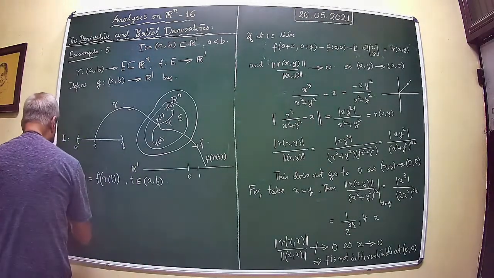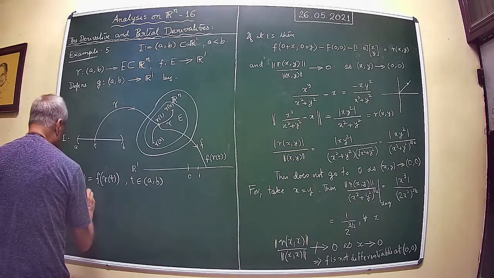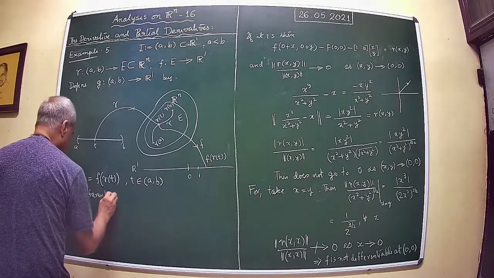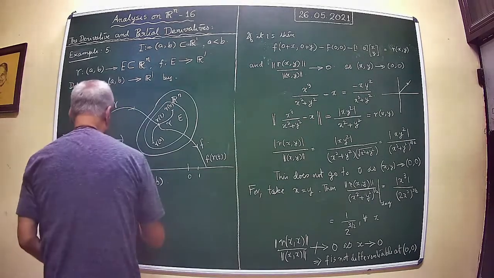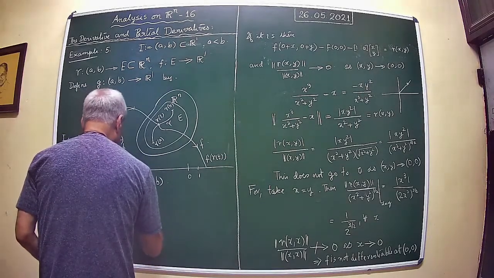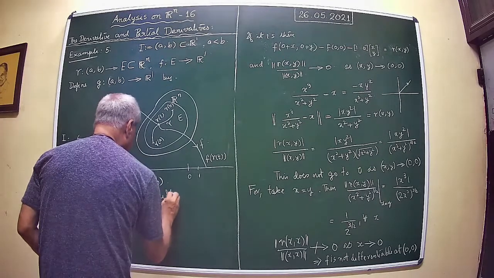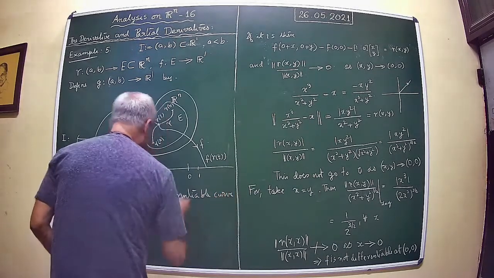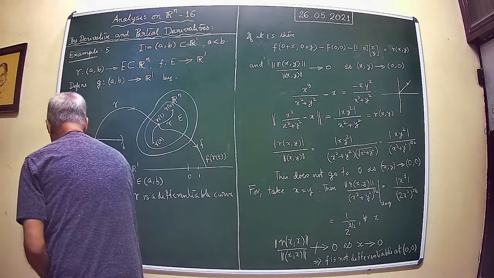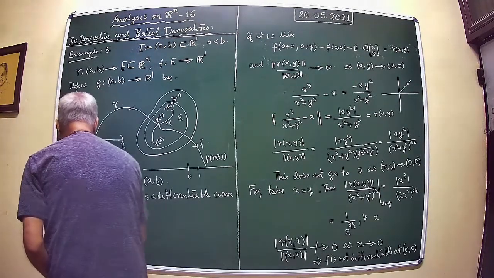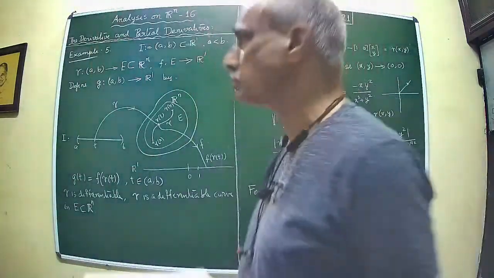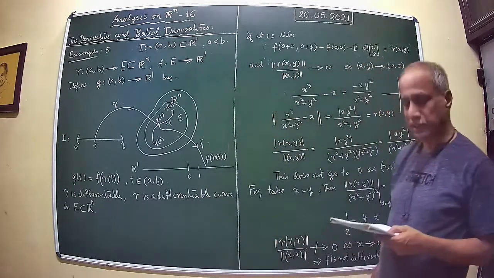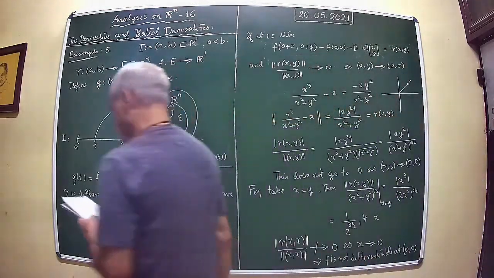We assume that gamma is differentiable, and assume that gamma is a differentiable curve in Rn.